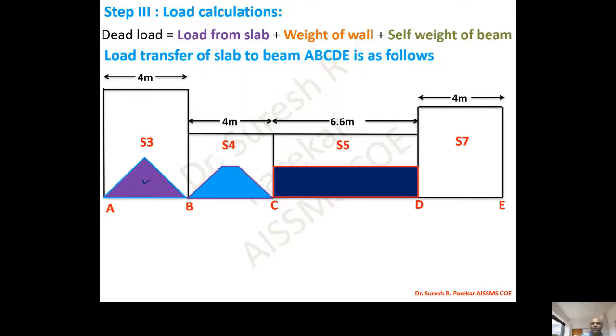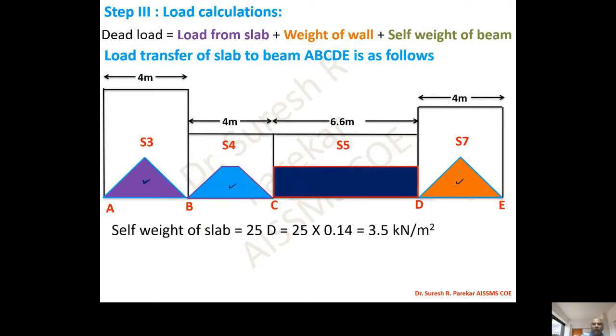S5 is a one-way slab, so half the load will be on beam CD, and S7 is a two-way slab, so we again have triangular load on this. So loading we have in this fashion: S3 triangular, S4 trapezoidal, S5 one-way slab, and S7 again triangular load. Now we will calculate one by one.